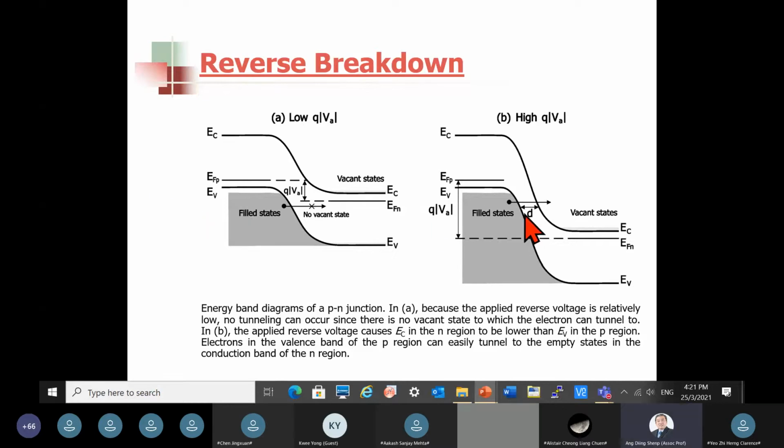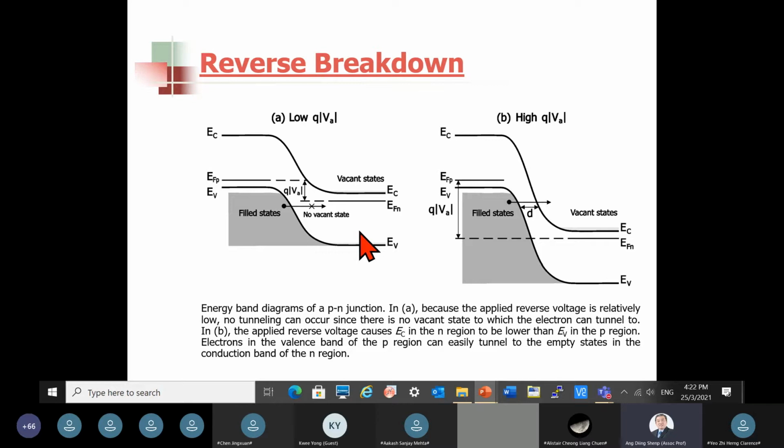Now, Zener breakdown can only happen after a sufficiently large reverse bias is applied. How to understand this? If you look at the diagram on the left, which corresponds to an energy band diagram of a PN junction under a much smaller reverse bias, in this case the P side band diagram is not raised very significantly above the N side band diagram.